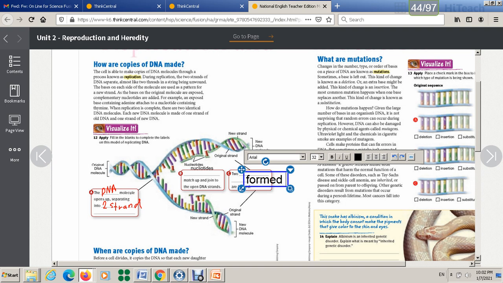So for the DNA replication, first the DNA should open into 2 strands, then a nucleotide will be added, joined and matched with the old strand, and they should be complementary. Then identical molecules are formed at the end, okay?